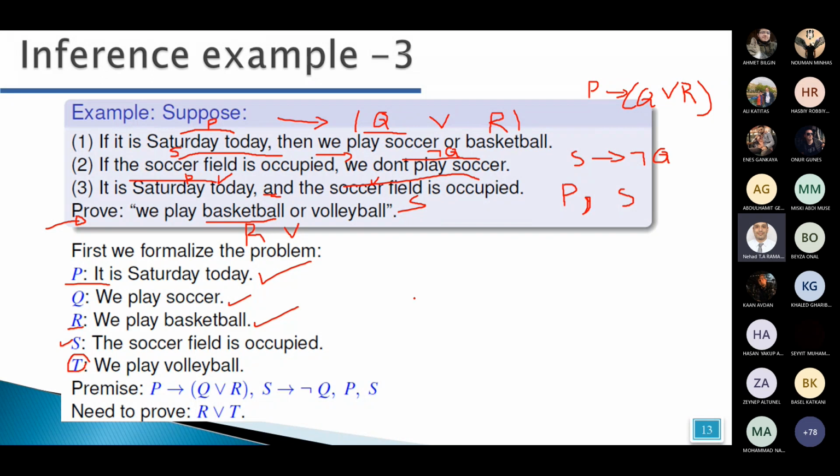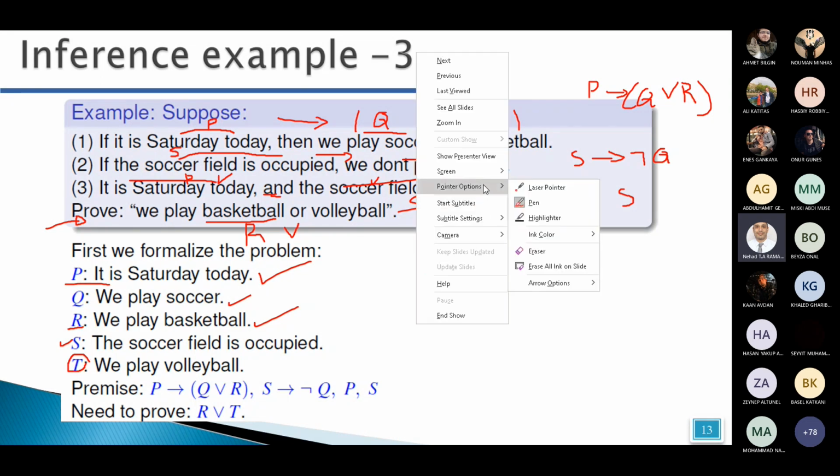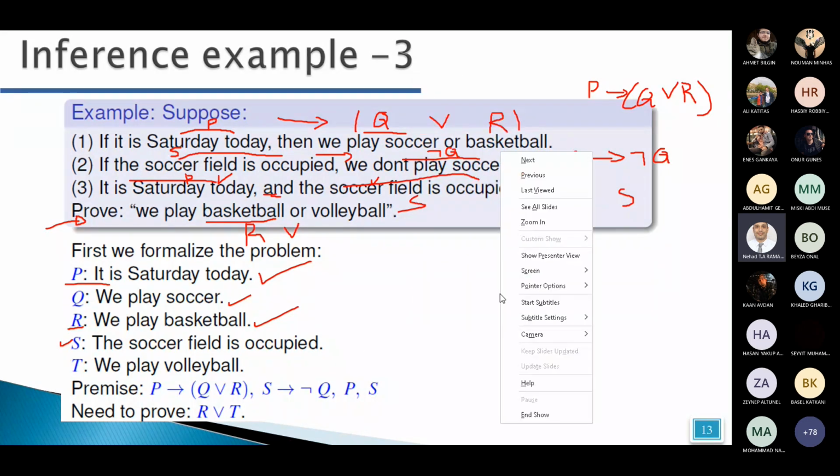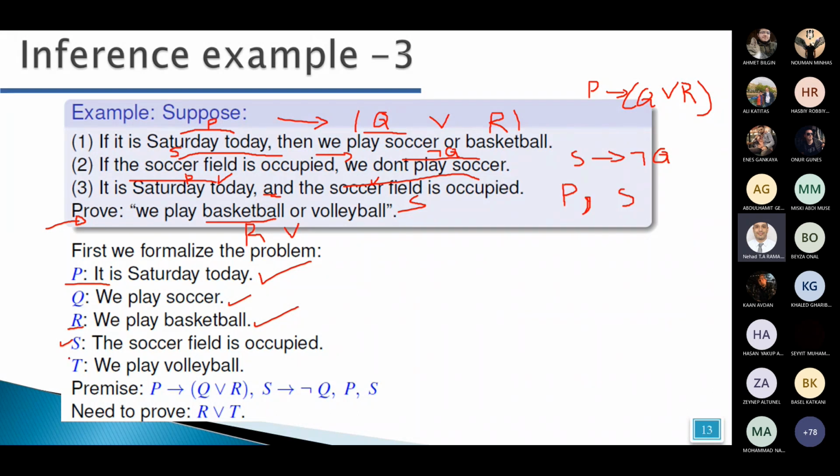Actually, this example is from the book, but I would not like to name this one T because we use T for true. But in the logical inference rules, there is no true or false or something like this. So they usually use T, but we can use anything else. We can use K, for example.